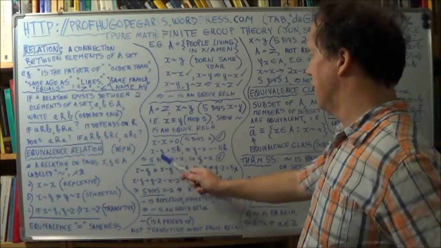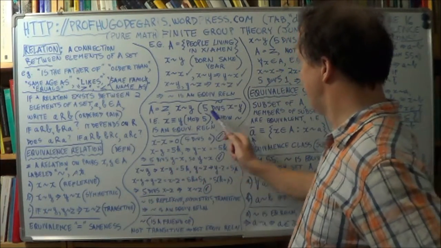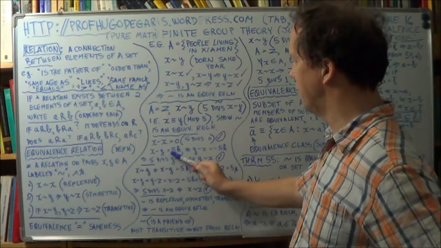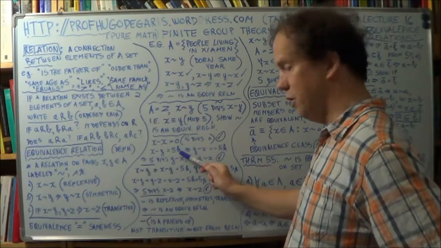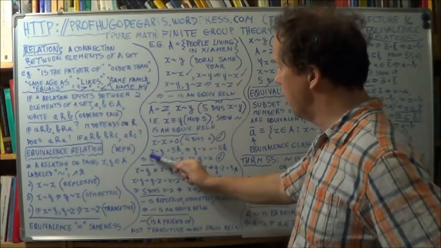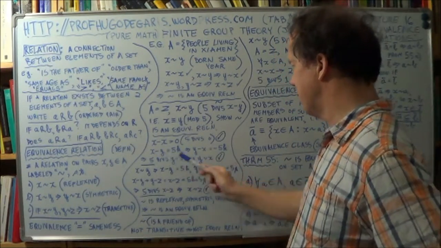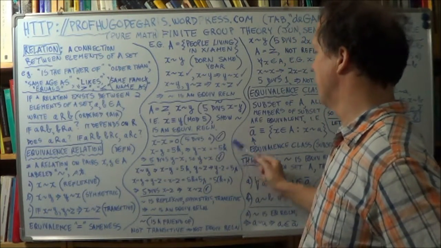Now, how about symmetric? Is it symmetric? Well, if 5 divides x minus y, you can write x minus y as 5 times some integer k. So x minus y is 5k. Now that implies that y minus x is minus 5k, right?